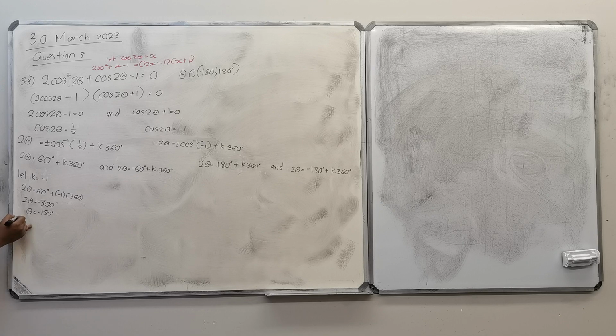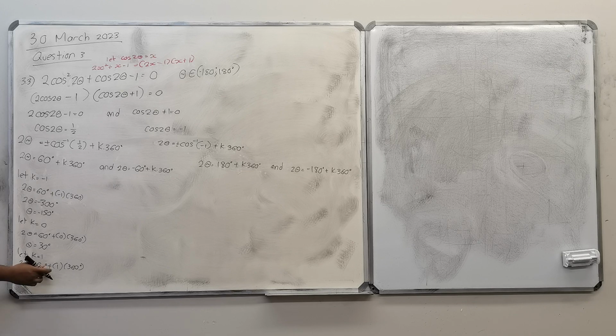Then you'll say k equal to 0. So 2 theta is equal to 60 degrees plus 0 times 360. That's going to be 0. So theta is equal to 30 degrees. Still in our range. Cool, right? Let k equal to 1. 2 theta is equal to 60 degrees plus 1 times 360.